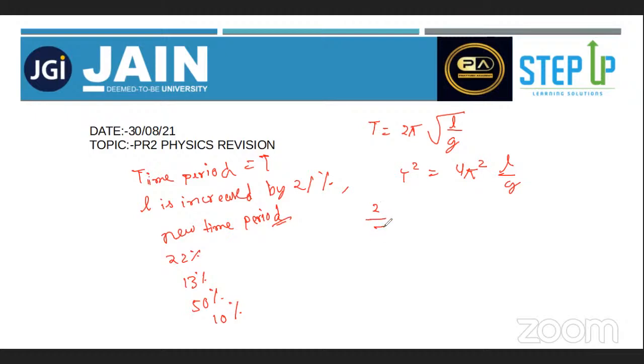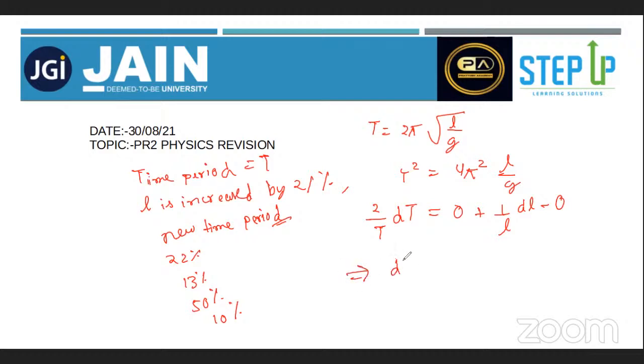The constants give 0, G is also constant, so 0. This is the U by V form.